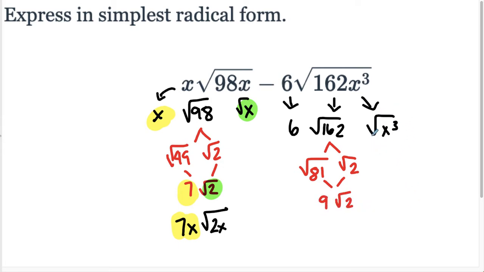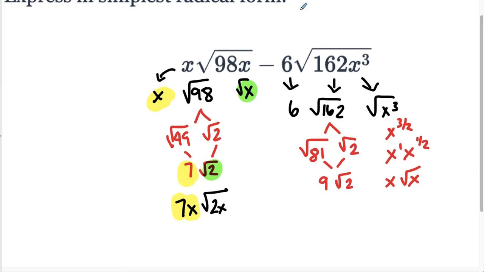Now my x cubed, I'm going to make that into x to the 3/2, which is equivalent to x to the first power times x to the 1/2 power, which is the same thing as x times the square root of x. Now that I've broken down my terms, I'm going to highlight in yellow my new coefficient, which is 6, 9, and an x.